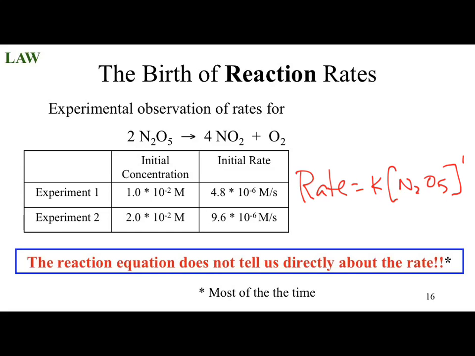But if we look at our reaction, we see a coefficient of 2. So those coefficients do not necessarily translate to our rate expression. We must solve the rate expression from the experiment. That requires doing some comparisons to some data.